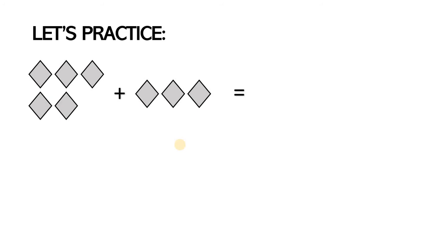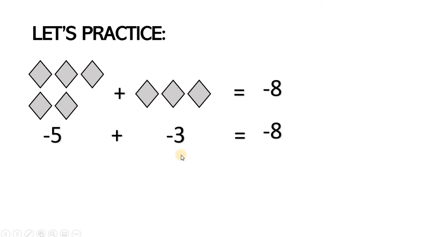Now, let's practice. For the first one, let's use the illustration first. Using the diamonds, it is negative 5 plus negative 3. Again, since we have the same sign, add the numbers. 5 plus 3 is 8. And then copy their common sign, which is negative.